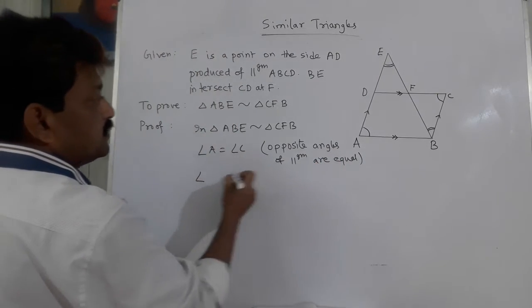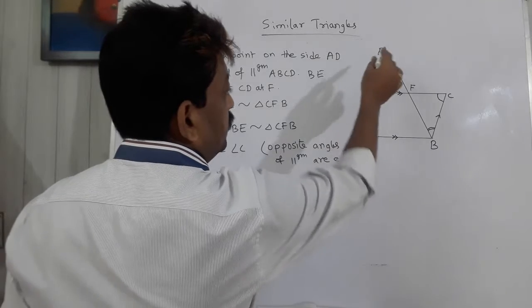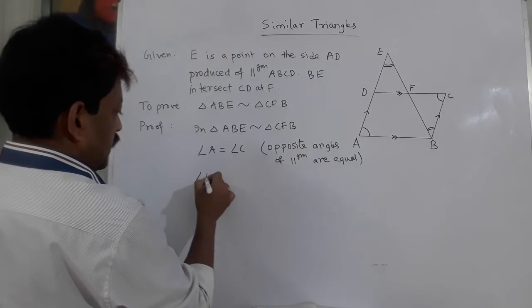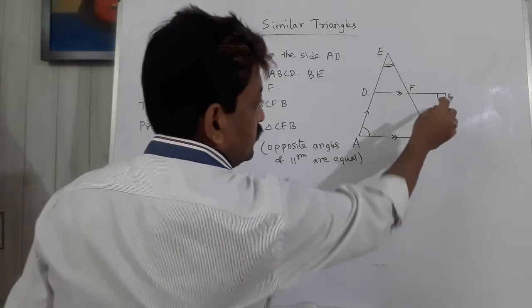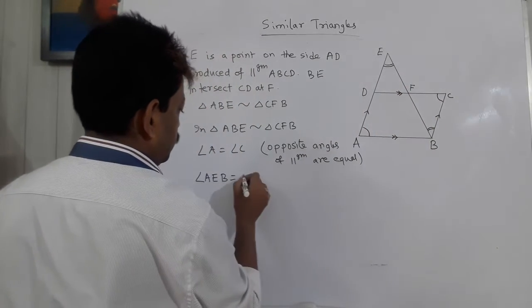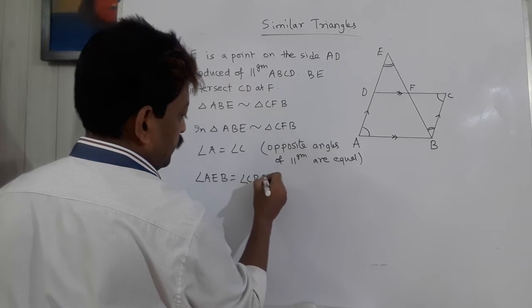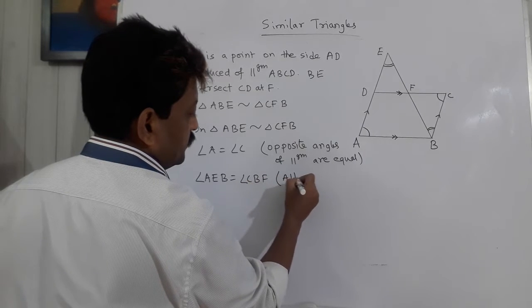And the second point is angle AEB is equal to angle CBF, alternate angles.